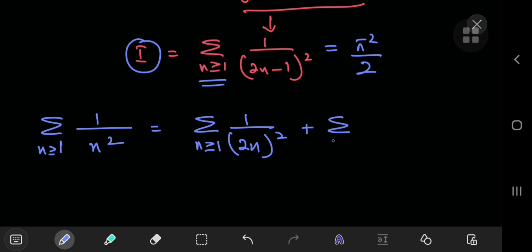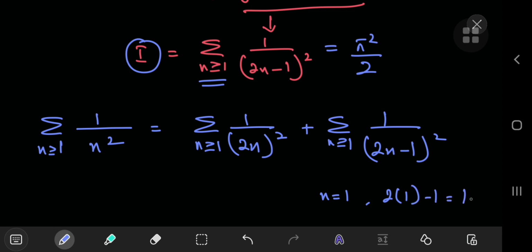And then you have the odd integers as well. In this case, normally you would write this as 2n plus 1, but here 2n minus 1. Why the minus 1? Because when you plug in n equals 1, you get 2 times 1 minus 1, which is 1. So that covers the odd integer of 1. If you do a plus 1 here, you'll start with 3, which is not the right way because you're excluding one of those odd integers.